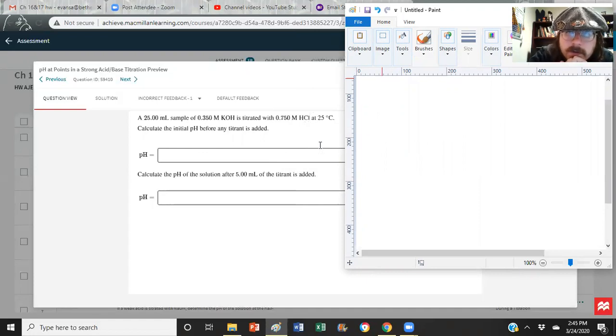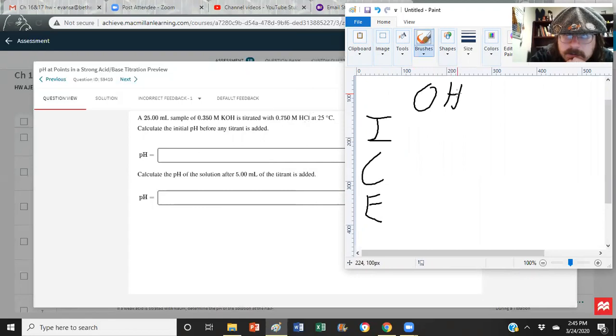So OH minus, H plus. For OH minus, we have 0.35 molar and we have 25 mL. So the moles of OH minus is 8.75 millimoles.